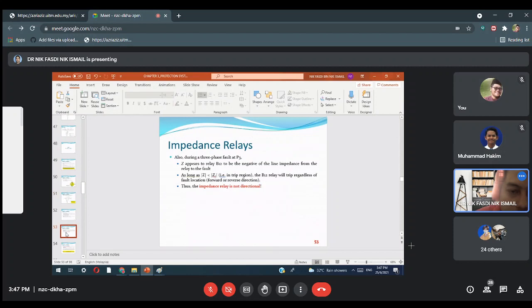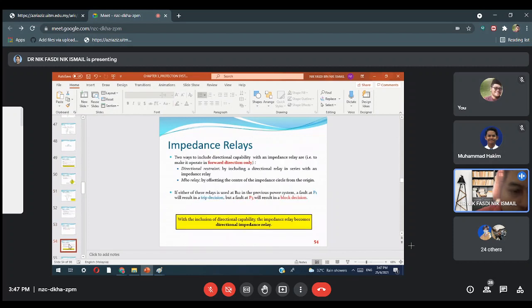For this case, okay, that is what it means. Right? If either of these relays is used at B12 in the previous system, a fault at P1 will result in a trip decision. Why? Because they are combined with the directional relay.